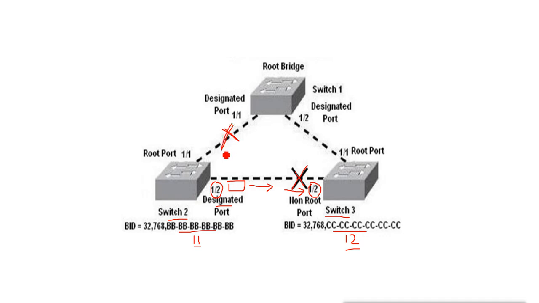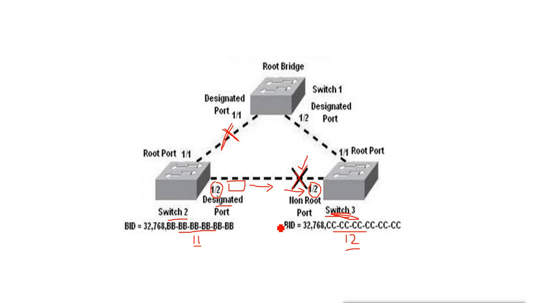So switch 3 will enable this port, and then both ports will become designated, and your data will start being sent again from here. So this is how spanning tree works.